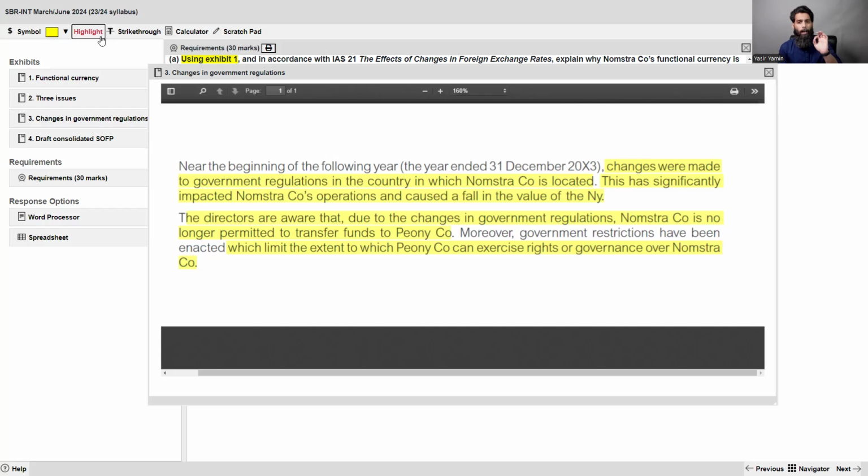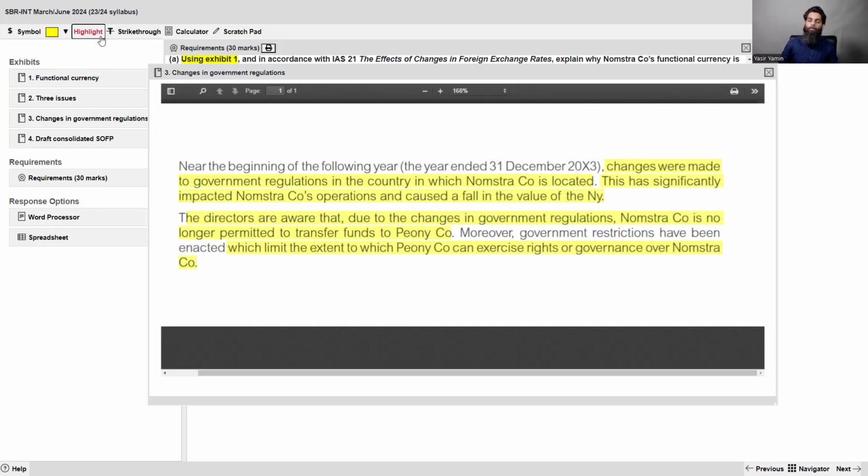Under IFRS 10, power is defined as the existing capability of exercising your control. It is the existing capability to exert your control over the other entity. But right now, at this point in time, you do not have the existing capability to exercise your control.